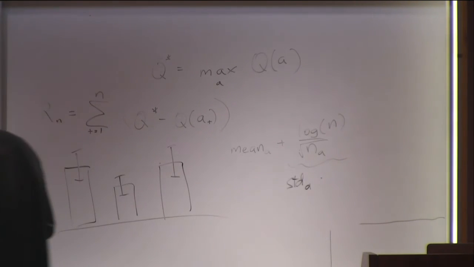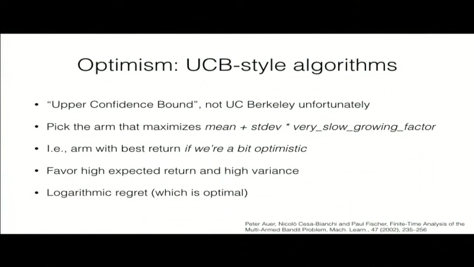So the general takeaway, without getting into all of the bounds precisely, is you want to choose the arm that maximizes mean return plus the standard deviation of the return times some very slowly growing factor, which makes it so you get the optimal bounds. And one way to interpret this is you choose the arm with the best returns if we're a bit optimistic about the value of each arm.